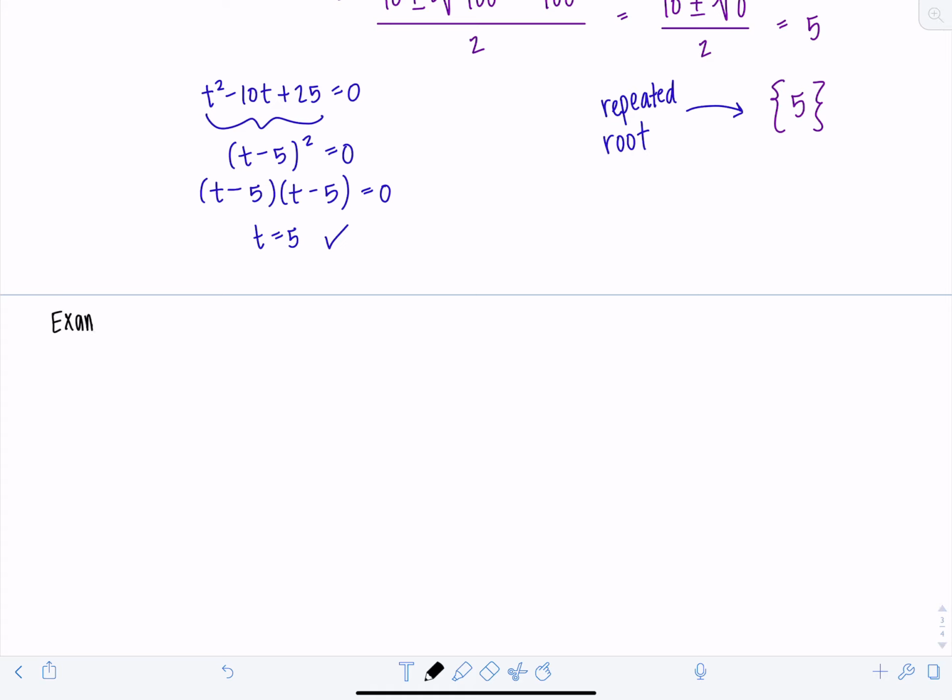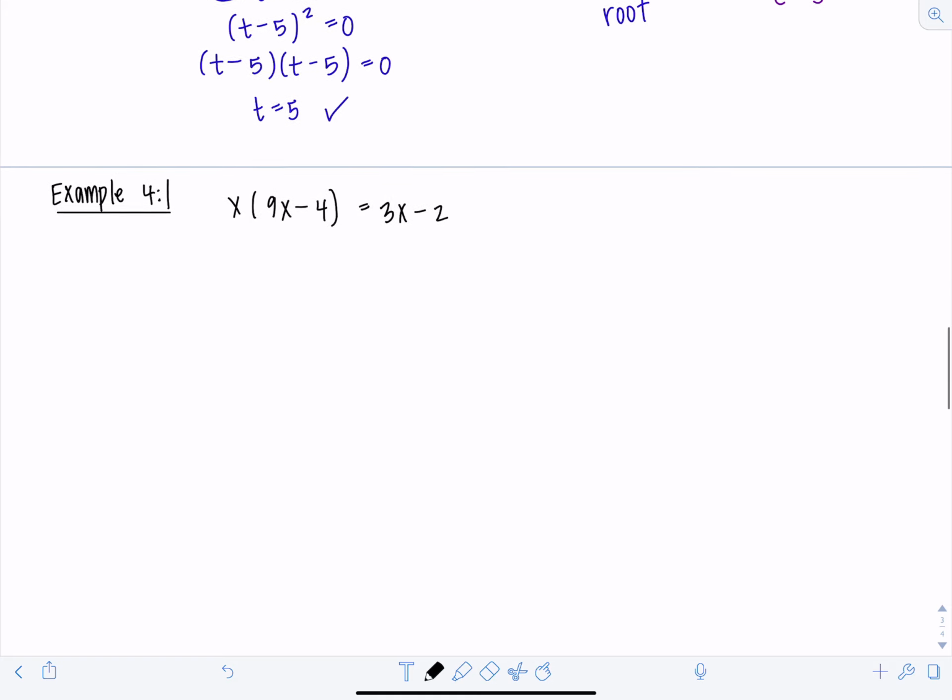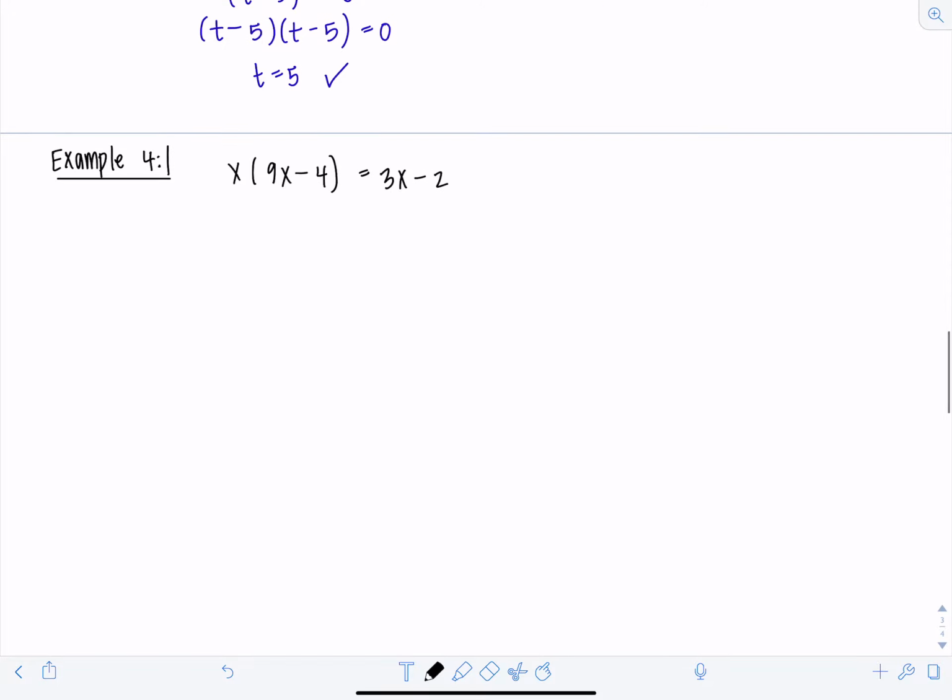Example 4 is as follows. So we have x times the quantity 9x minus 4 equals 3x minus 2. Now at first glance, this may not seem to be a quadratic equation, but we have to do a bit of simplifying before we get started.